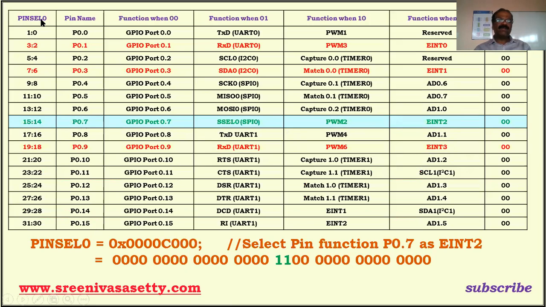Therefore, we have to go for the pin select 0 register. Under that, bits 14 and 15 are reserved for this. If you want to use this as a GPIO, I have to write 00 here. If you want to use this function, you have to write 01. But in my case, I want to use this pin as external INT2, interrupt 2, so I write 11.